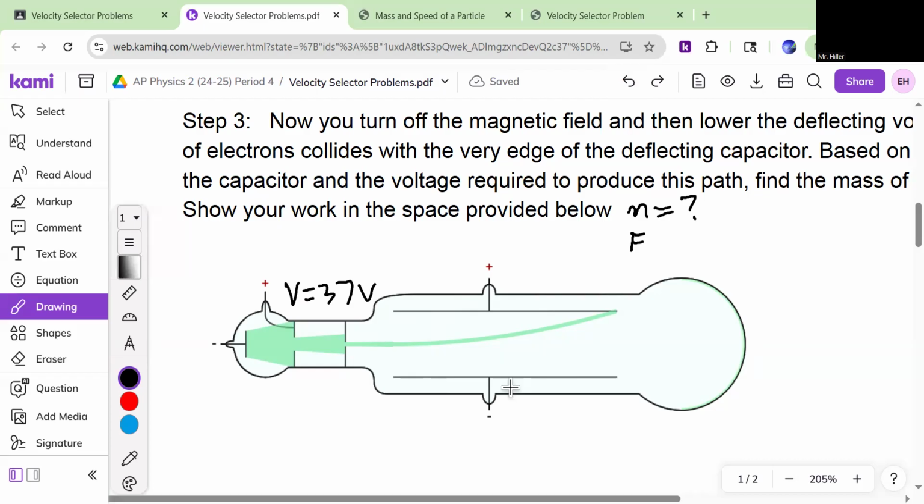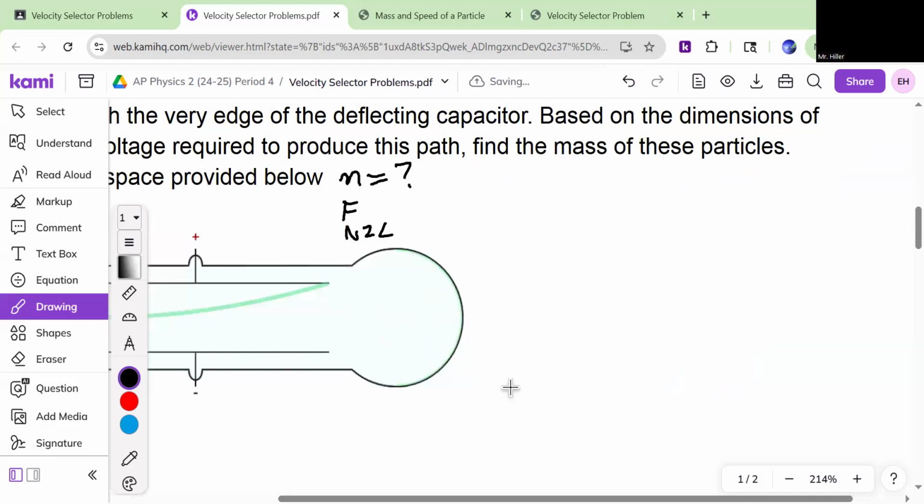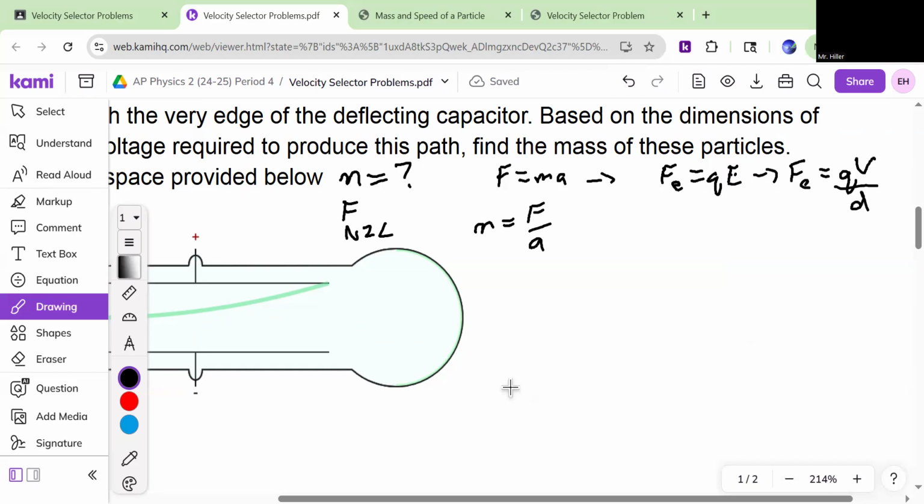If you think about this, this is essentially a Newton's second law problem. Net force equals mass times acceleration, which if I solve for mass, I get mass equals force divided by acceleration. Keep in mind, force is the electric force, which is Q times E, but that's the same as Q times the potential difference divided by the distance.